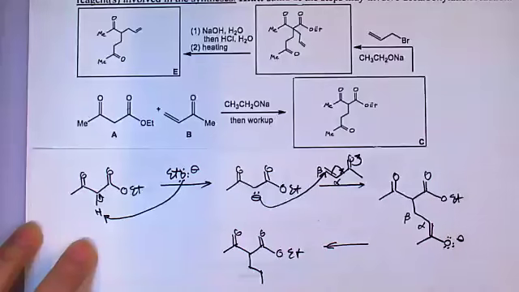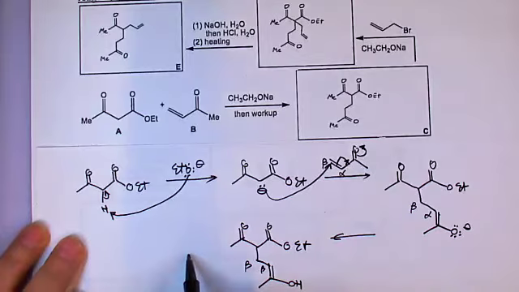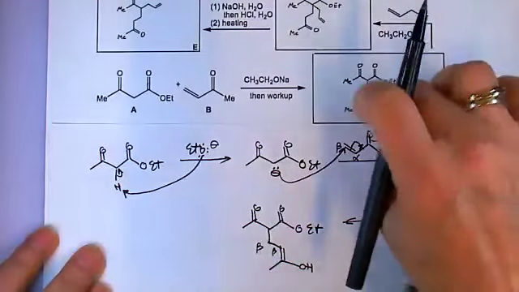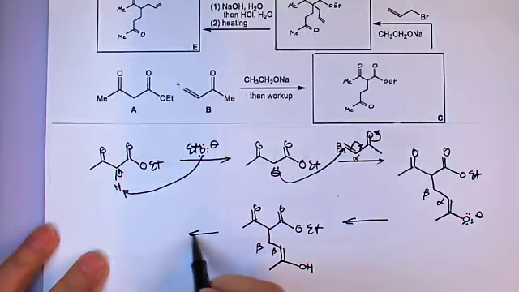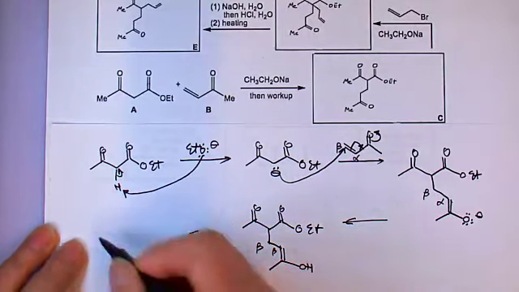Very important that we have that, so that we keep track of this. Now this is an enolate. This is an enol. Now we're going to have a tautomerization step to get to the final product. And typically this favors the keto form over the enol.